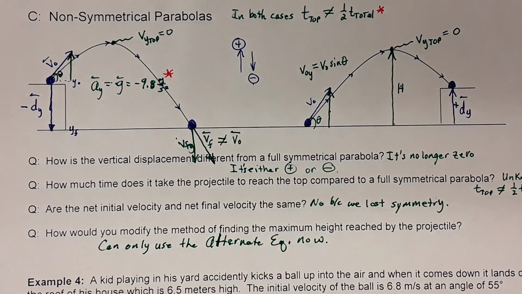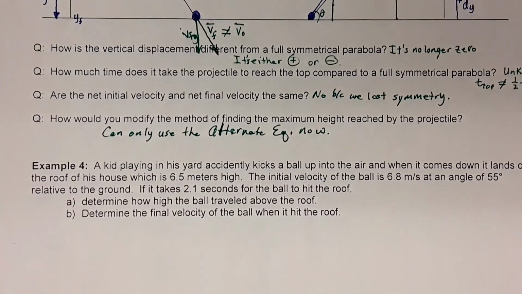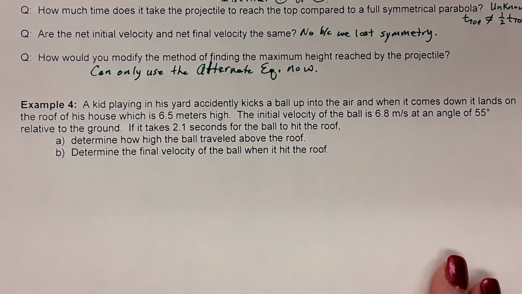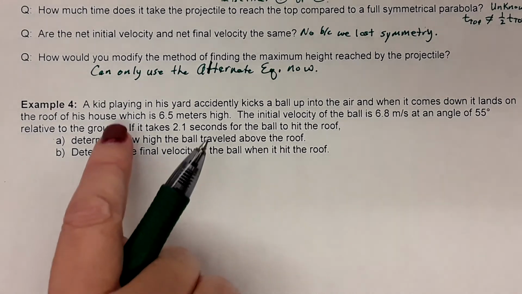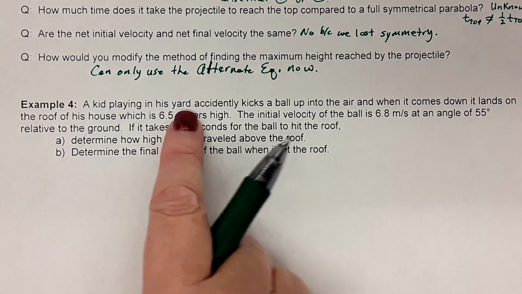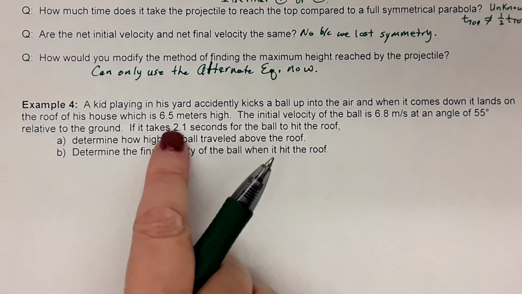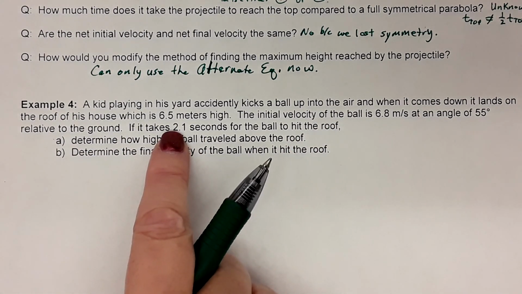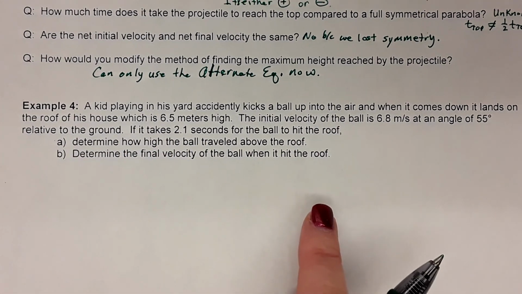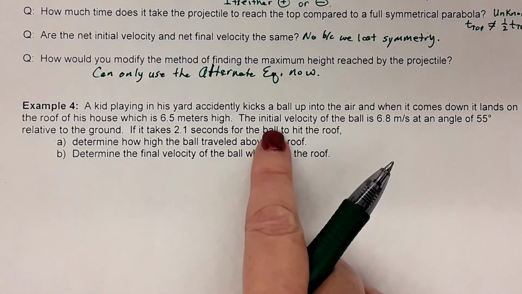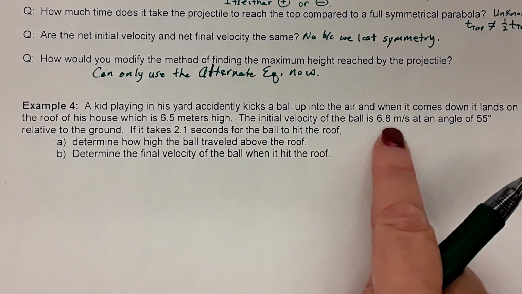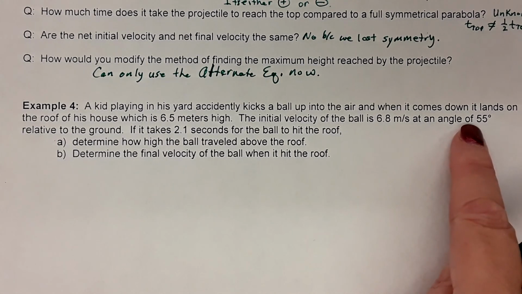Now, let's see how we can use this information to solve a problem where we have a non-symmetrical parabola. Okay, so here's the fun. Look at this. A kid playing in his yard accidentally kicks a ball up into the air, and when it comes down, it lands on the roof of his house, which is 6.5 meters high. Like some of you have never done that before. The initial velocity of the ball is 6.8 meters per second at an angle of 55 degrees relative to the ground.